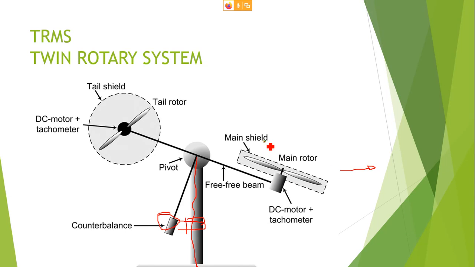If I tilt this main rotor with an angle theta, the thrust that is generated will move in this direction. In this direction the thrust will be applied, so the locomotion will be exactly normal to it.